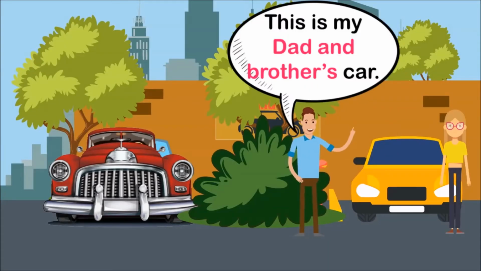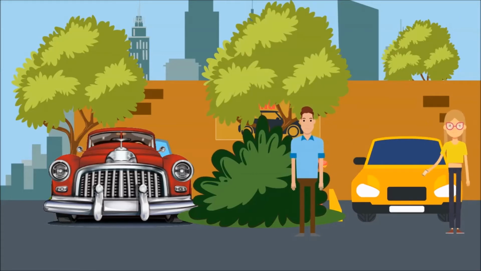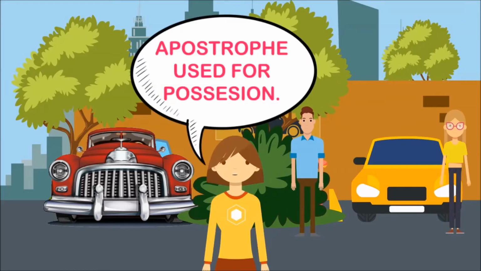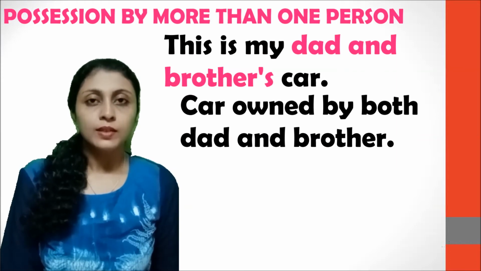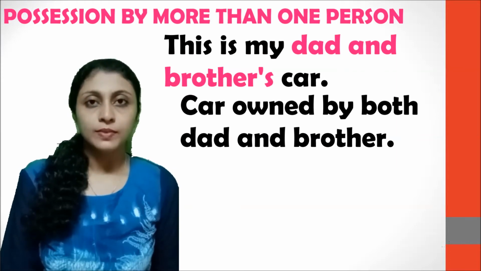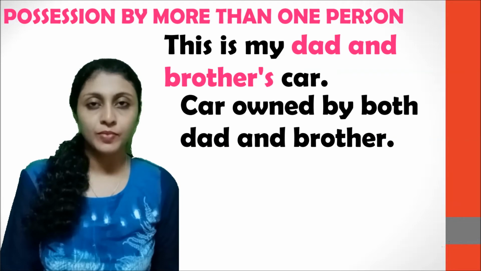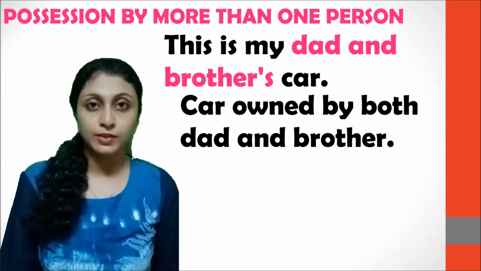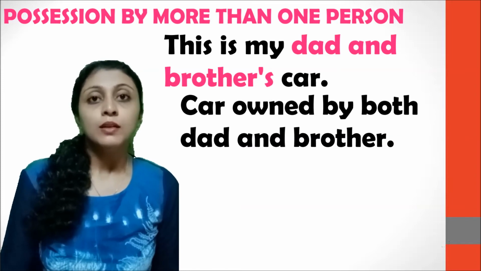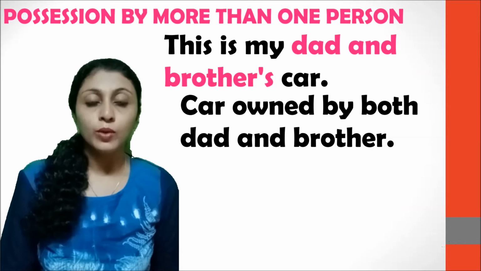This is my dad and brother's car. Apostrophe used for possession. Dad and brother's car. Here the possession of the car involves two people, which is dad and brother. But here I have used the apostrophe only for the brother, which means both the people own a single car.